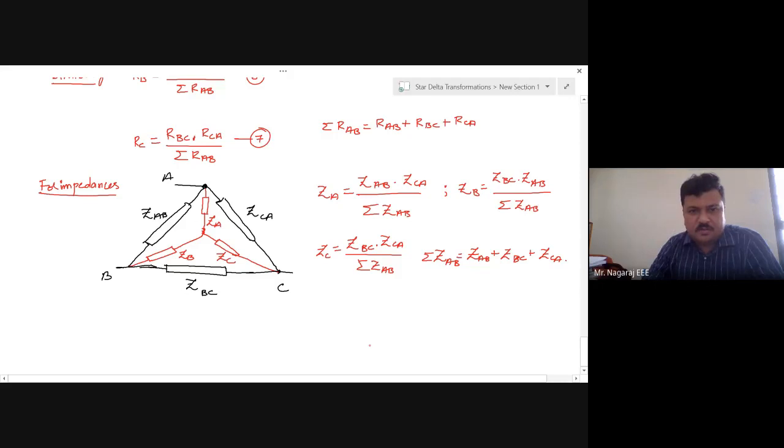This is how we obtain the equivalent star from the delta connection.